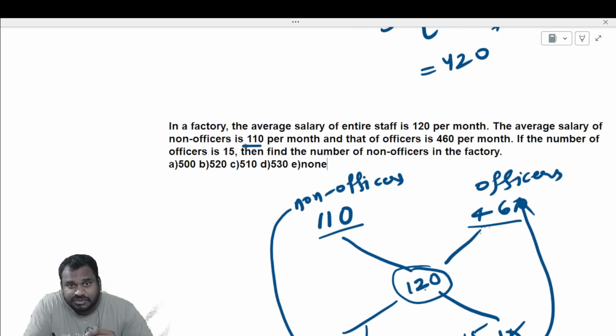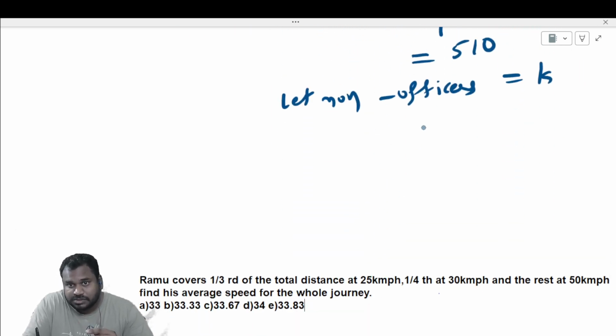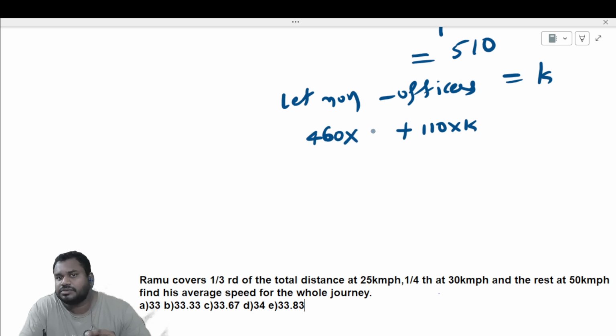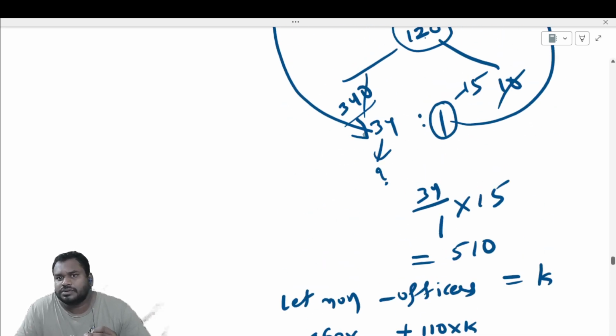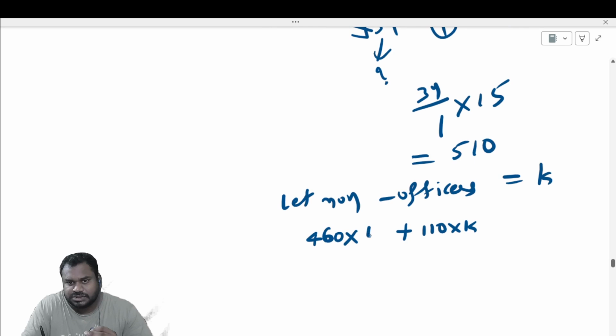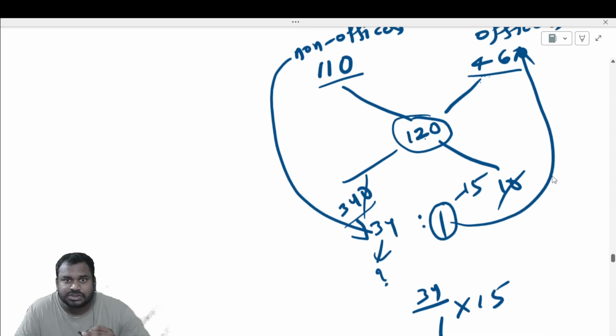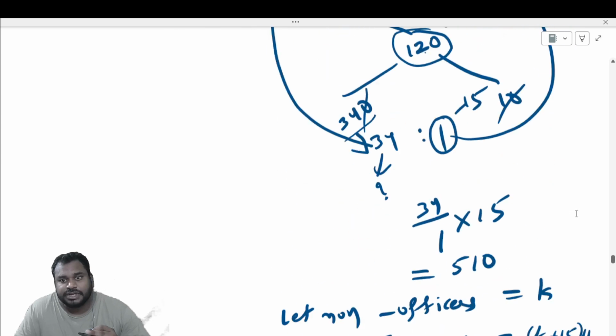Non-officers average is 110, so 110 into K will give you the non-officers total. Officers is 15, so total is 460 into 15, and this equals the total number, K plus 15, times the total average given, which is 120.